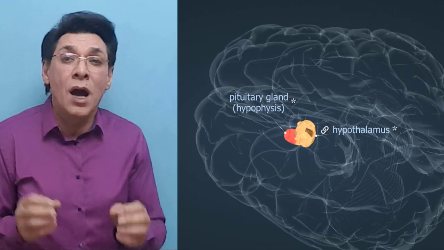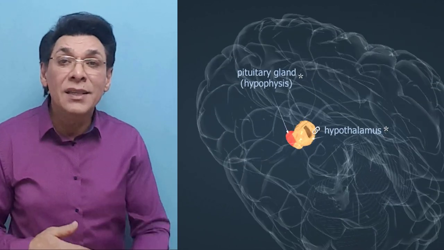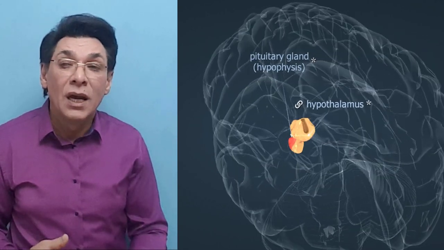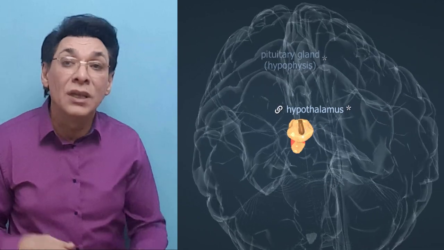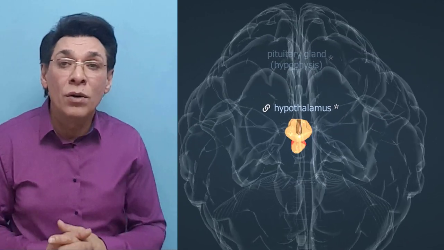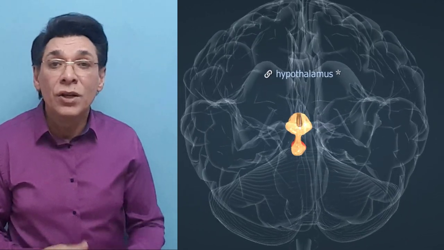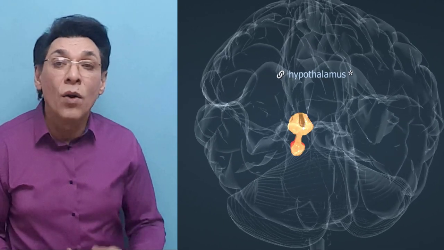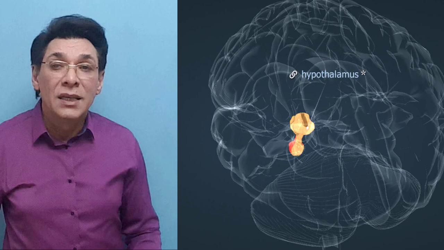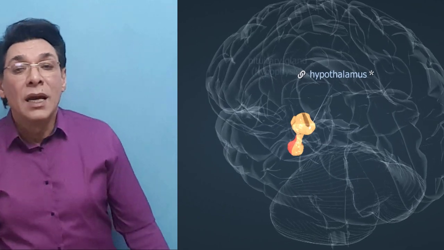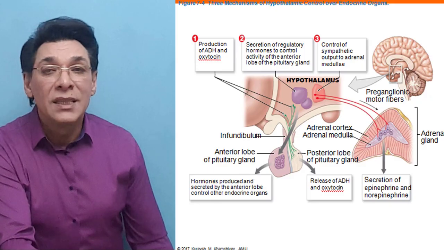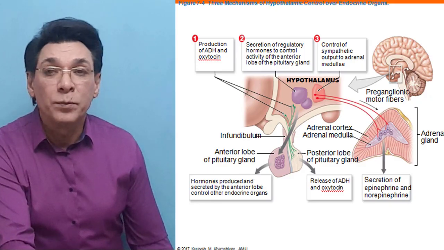Releasing hormones, RH, stimulate the synthesis and secretion, and inhibiting regulatory hormones, IH, prevent it. Third way, it contains autonomic nervous system centers that control the adrenal medulla through sympathetic innervation.